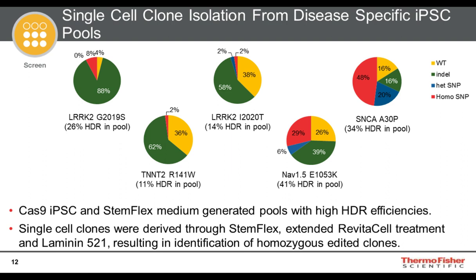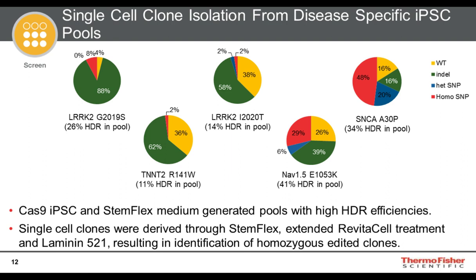So we then used this single-cell sorting method on some of the disease SNP pools that we had made in the stable Cas9 line, and we isolated somewhere between 200 and 300 clones, and then screened those clones by sequencing to understand what the distribution was of the different heterozygous, homozygous, unedited, or random indel clones in that selection of pools.